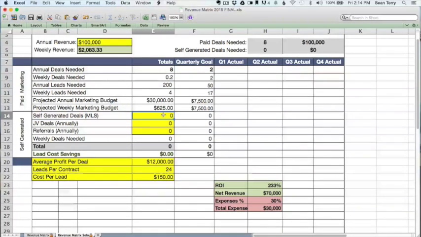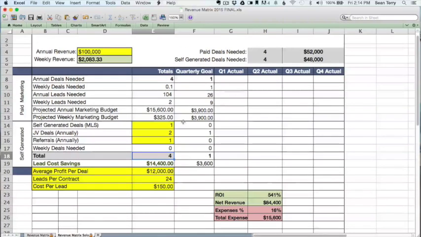Let's say we get, and we're talking on an annual basis here, we get 3 deals from the self-generated from the MLS, and we get 4 deals from referrals, right? Or let's call it 1, 2, and 1. Okay, so we get 4 deals. So here's the deal. What does that do?